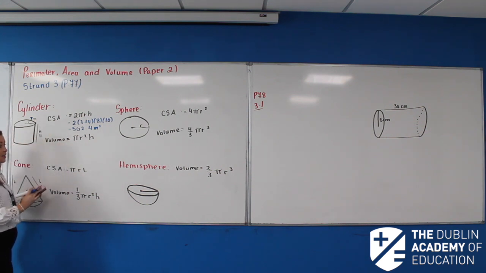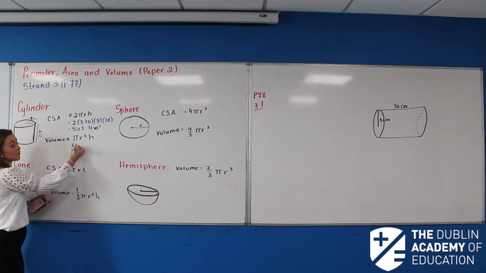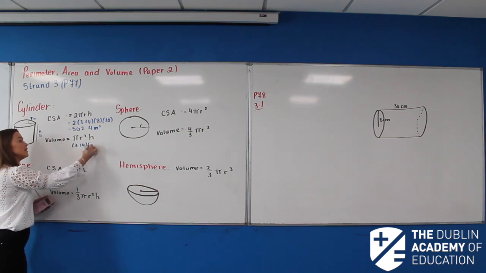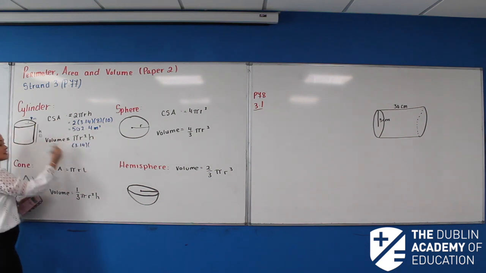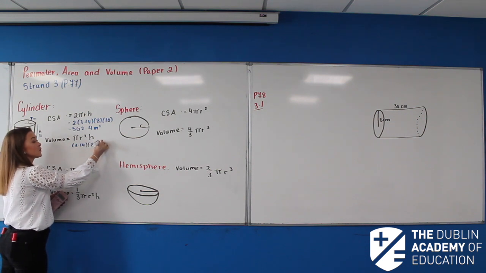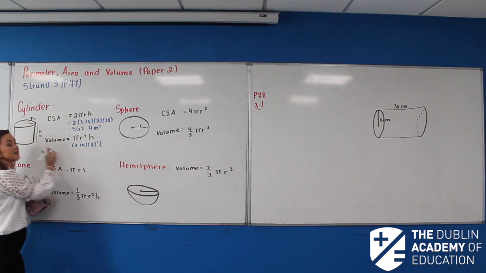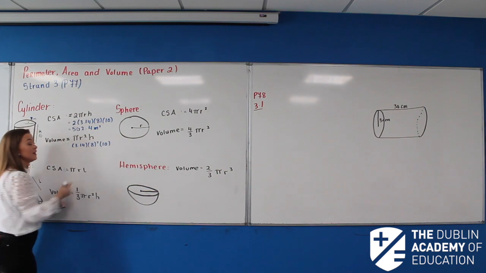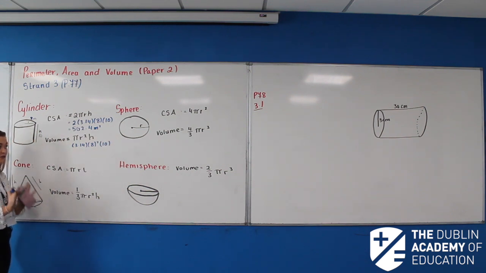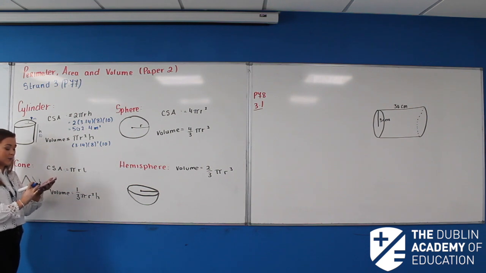Again, the same idea applies. Fill it in: 3.14 times the radius, which is 8 squared, times the height, in this case 10. Once I've filled in correctly and I'm confident, plug it straight into my calculator. So 3.14 times 8 squared times 10.